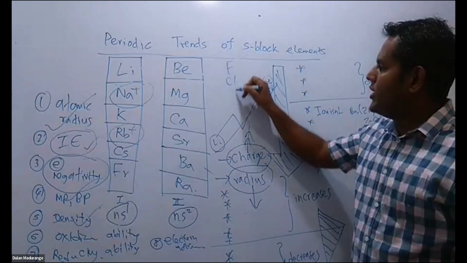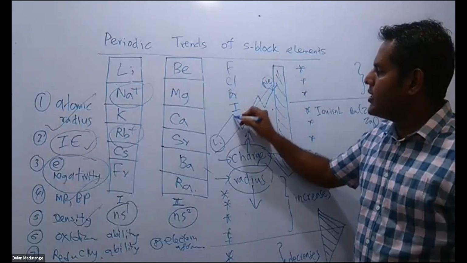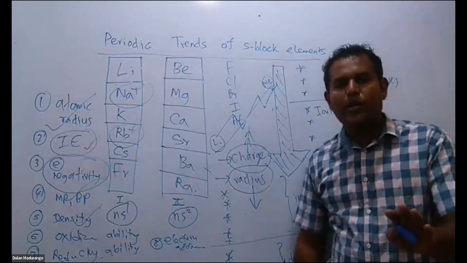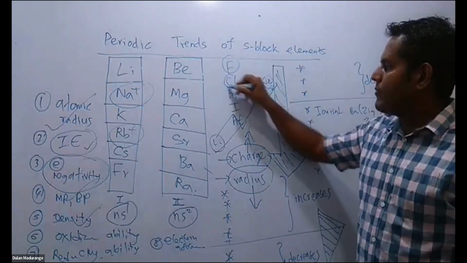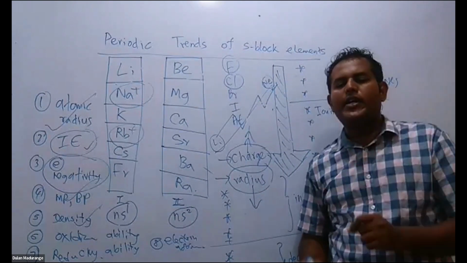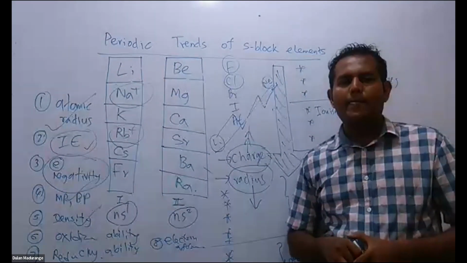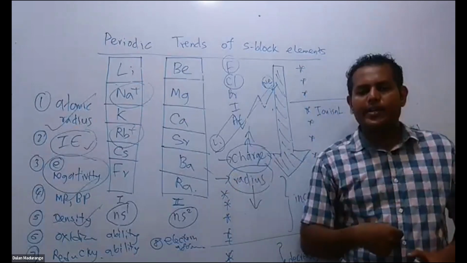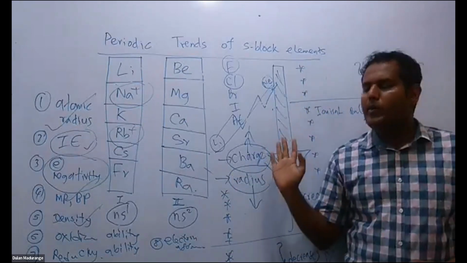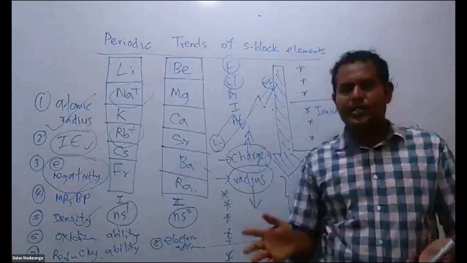Fluorine, chlorine, bromine, iodine, astatine. Fluorine and chlorine. Which one has the higher electron affinity? Electron affinity means the amount of energy released when an electron is gained. Fluorine, chlorine, bromine, and all these species will release energy. They will not absorb.